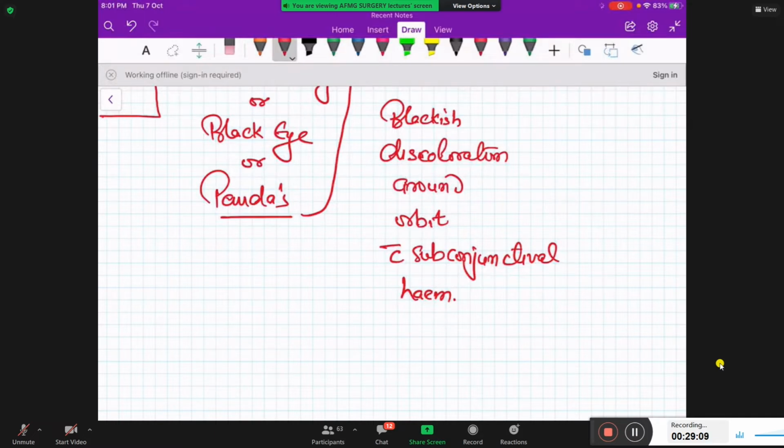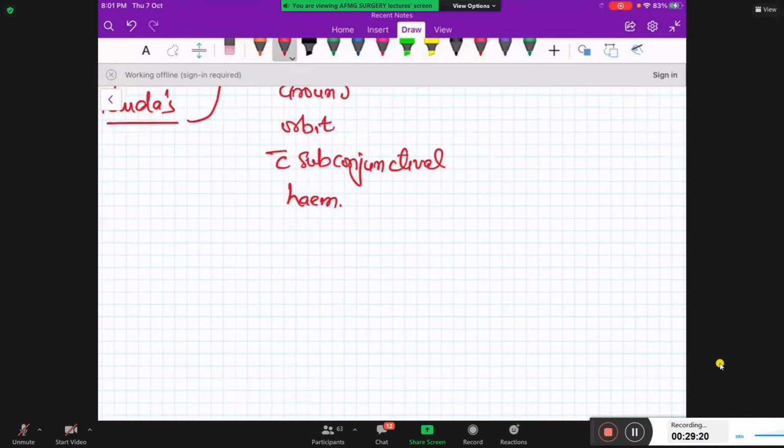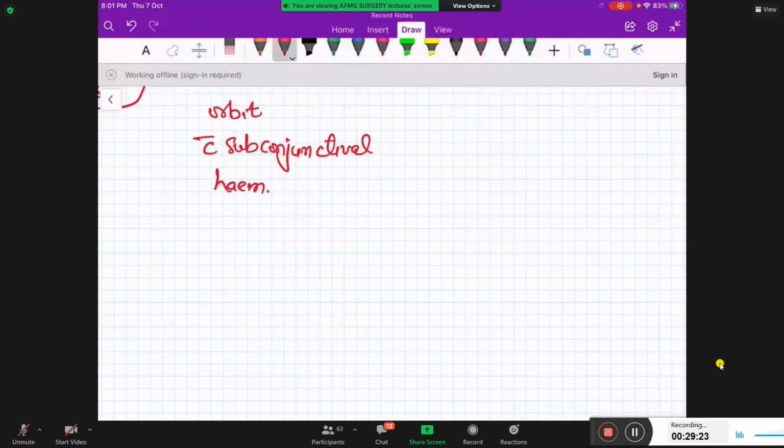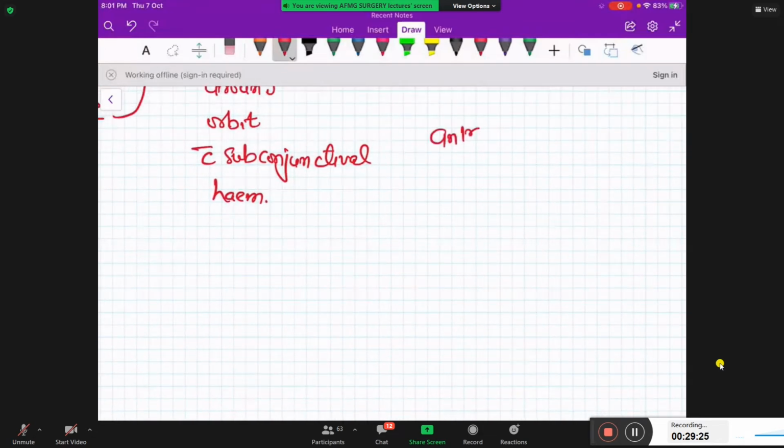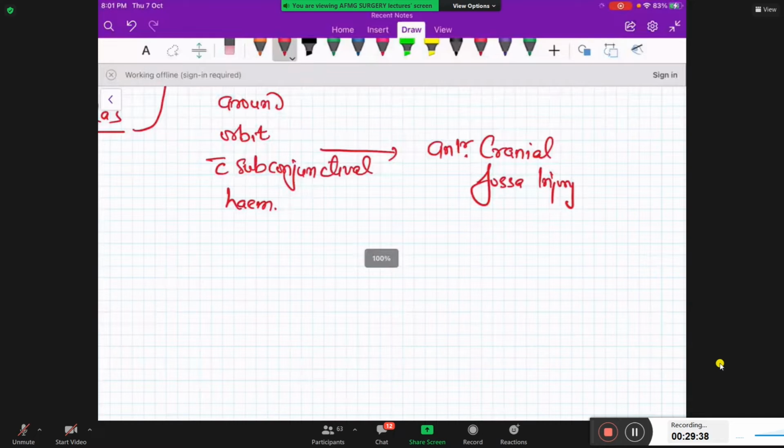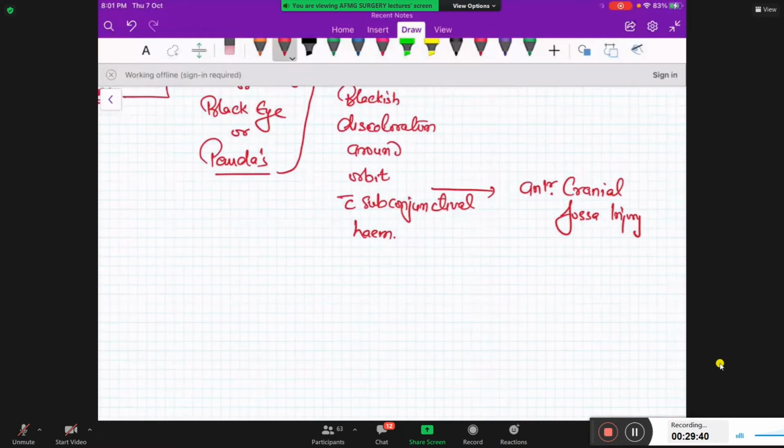If somebody punches you on the orbit, you will get this sign again. But then this can also be a sign of anterior cranial fossa injury, a very commonly asked question. This can be there in a patient of anterior cranial fossa injury.